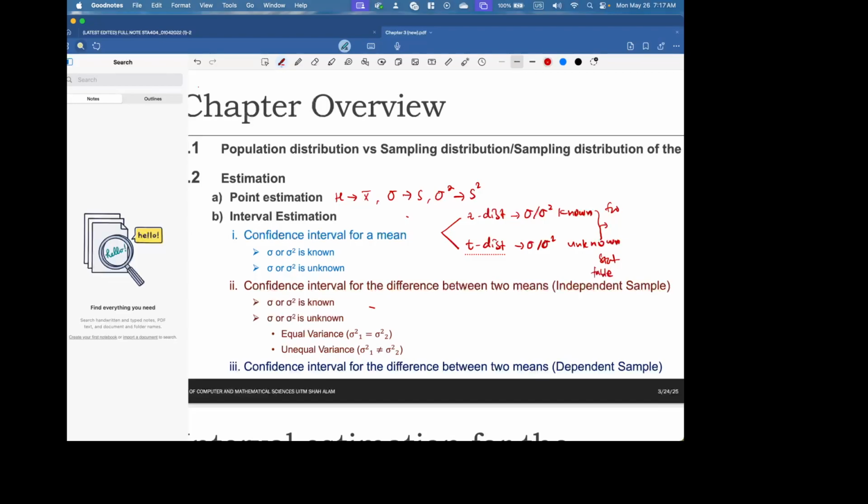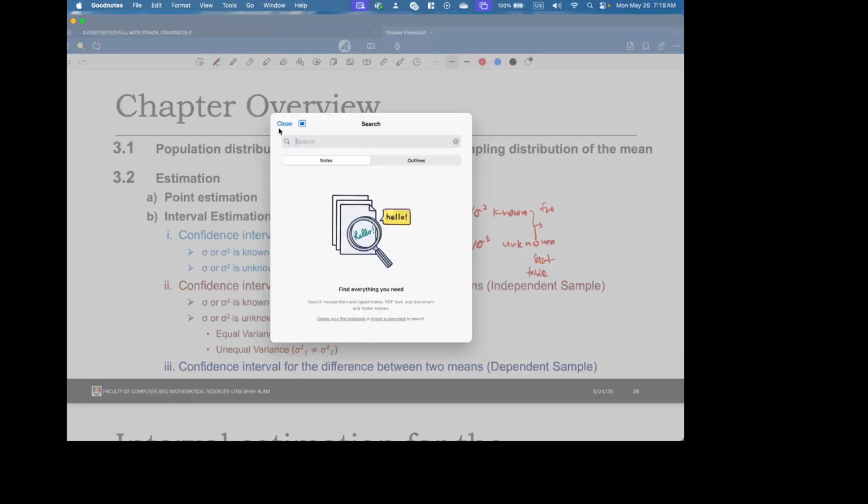So still remember I asked you guys to have statistical tables. Okay, right.